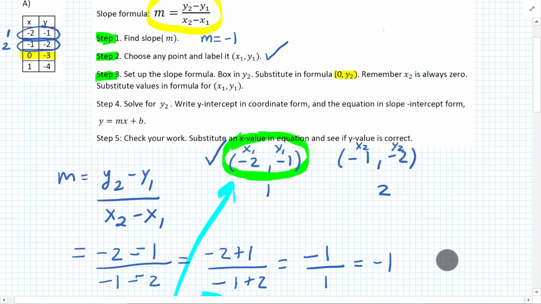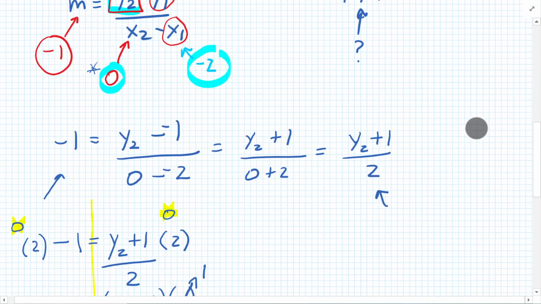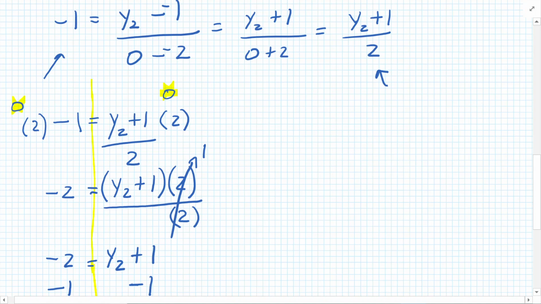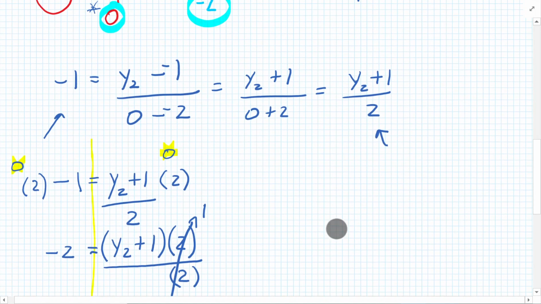What's next on our list? Step 4. It says solve for y2. Write in y-intercept coordinate form and the equation in slope-intercept form. Well, we solved for y2 already. That was what we were up to this whole process here. We put in our values and we solved for y2.